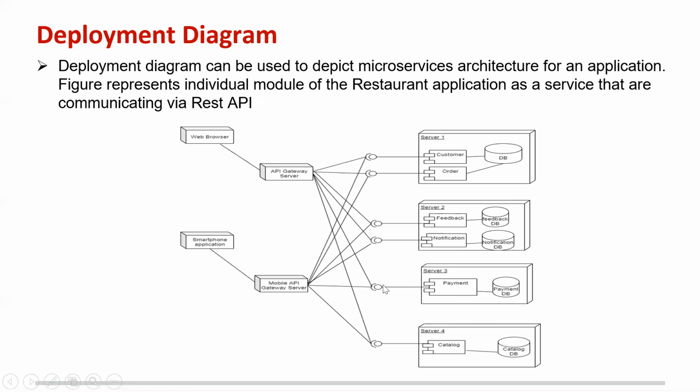All these services will be exposed to the interface, and then these interfaces can be accessed through the API gateway. There can be an API gateway which will support the web browsers, and there can also be an API gateway which is supporting the smartphone applications. By designing this deployment diagram, we can have the higher level deployment view of our application.